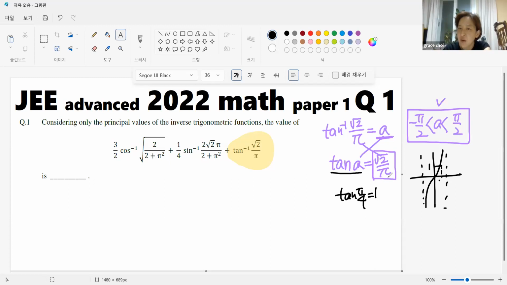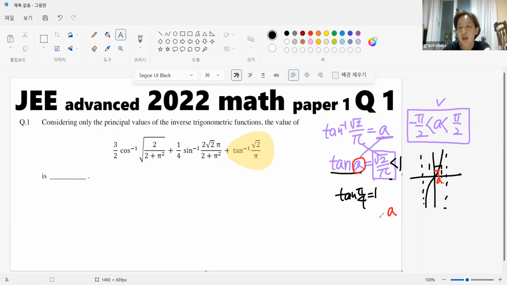Then compare this. That is square root 2, 1.414, and so on. Pi is 3.14, and so on. So the value is less than 1, for sure. So A exists approximately here. Where is it?